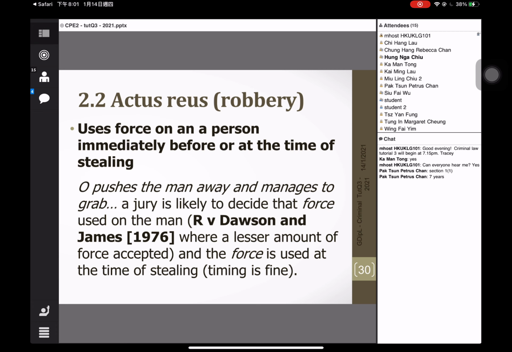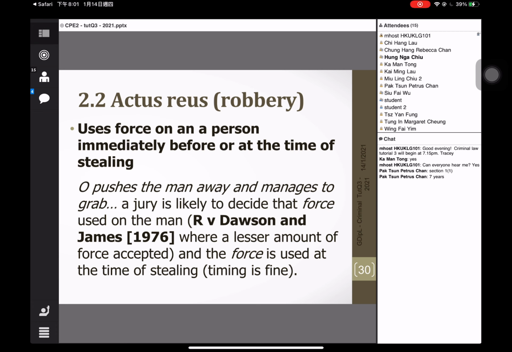So here there's pushing, so there's no real problem that there is the actual use of force, but is this enough force? Well, the case law suggests that even minor amounts of force, any force will do.